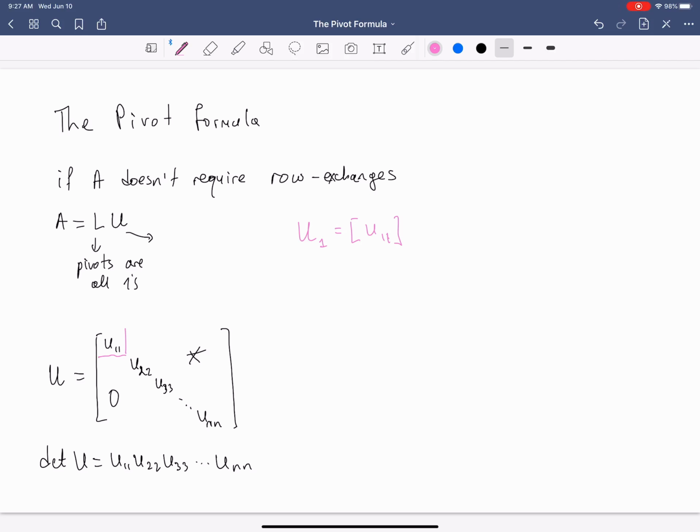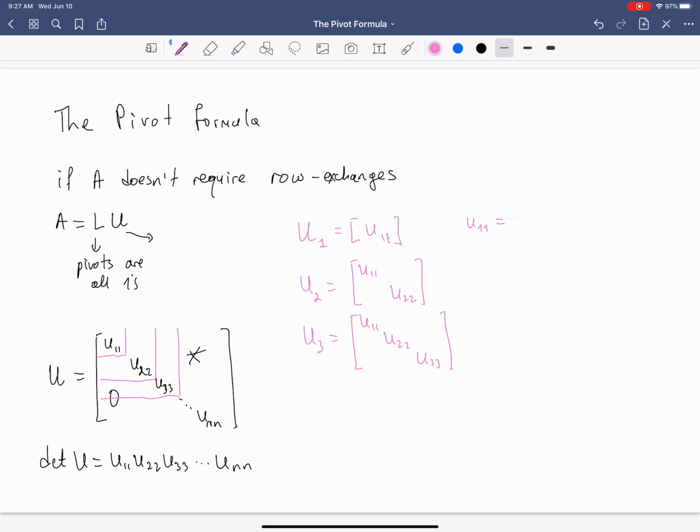And then let me call U2 this matrix over here, the upper left 2 by 2 corner, with U11, U22. And one more example, U3, with U11, U22, U33. Ultimately, if I take a U sub k, I mean the upper left k by k corner matrix.